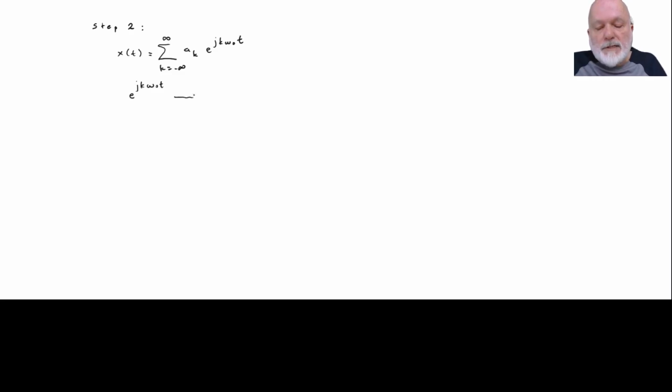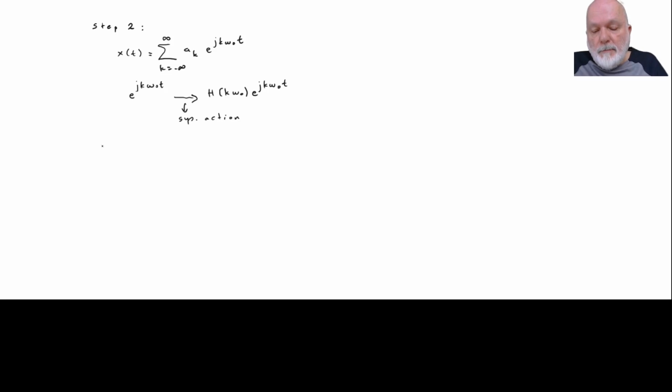So let us show this by means of this arrow, which is in fact the system action. We have h of k omega 0 e to j k omega 0 t.